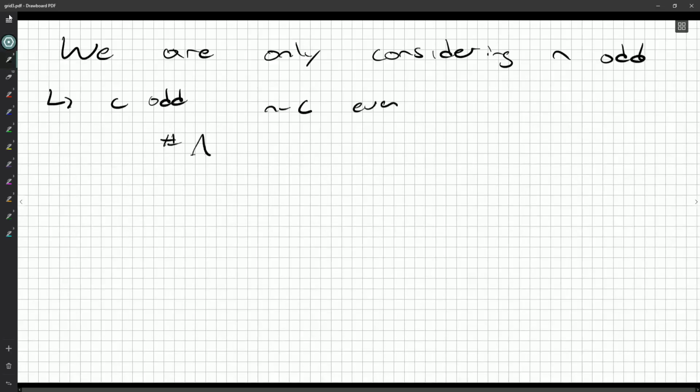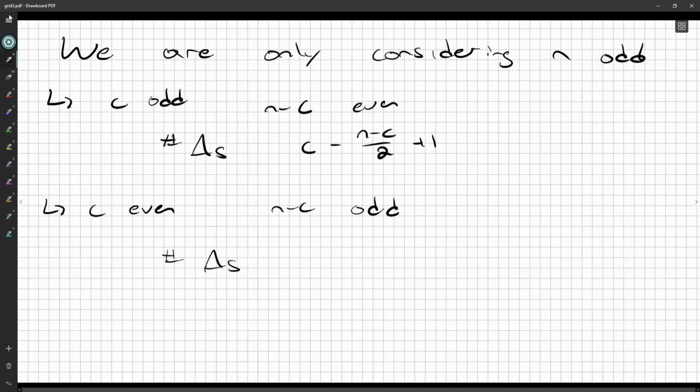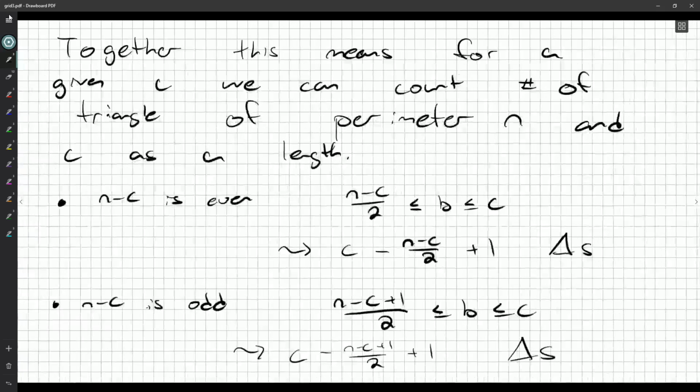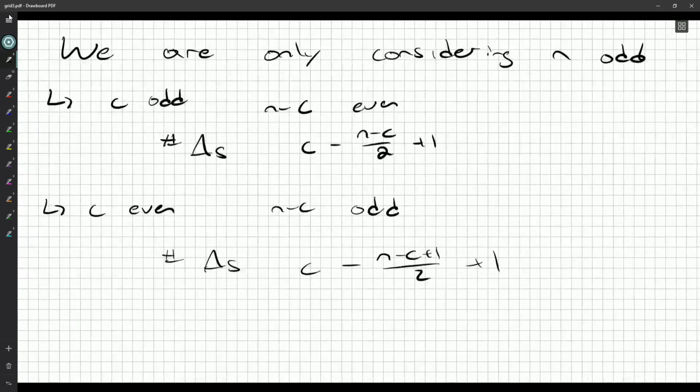So the number of triangles is going to be c minus n minus c over 2 plus 1. C even means n minus c is odd. So the number of triangles is c minus n minus c plus 1 over 2 plus 1. Right? Those were the formulas we just had. Yep. Okay, good. So, based on the c values, we're all set.